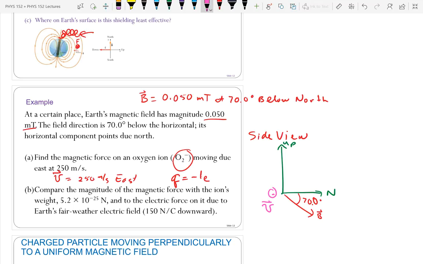So let's start with V cross B. V is pointing out, so I have my fingers all pointing out of the screen. And then I orient my hand for B, so my middle finger is pointing the direction of B. And what direction is my thumb pointing?